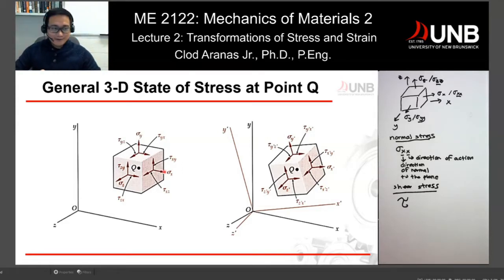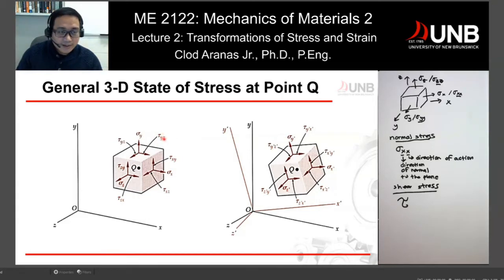So that would be tau xy, tau yx, tau yz, tau zy right here, and then tau zx, and this is tau xz. If you're confused how those letters were derived, we have to look again at our naming convention. The first letter means something.